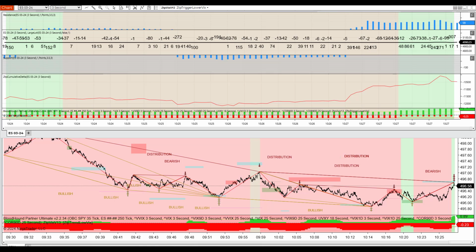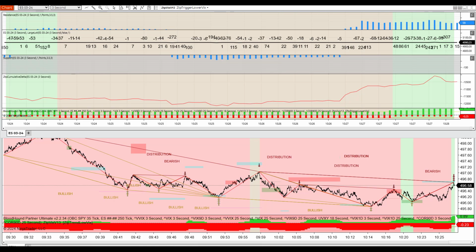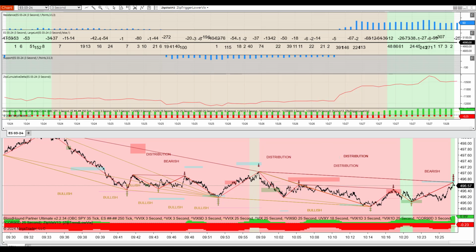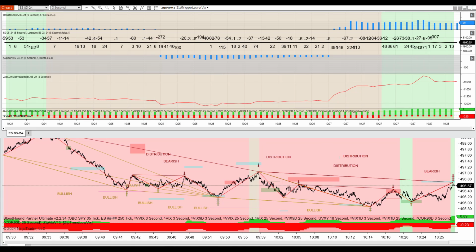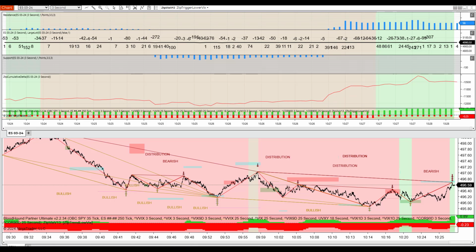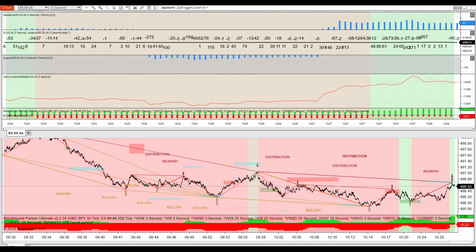Again, look at the cumulative delta going higher with the KP2 ratio going higher, and that basically is the definition of distribution. We've now hit the high, and we'll be trading down from here.